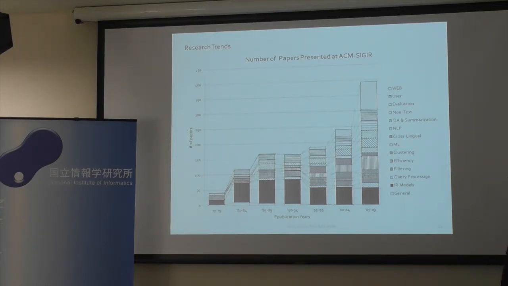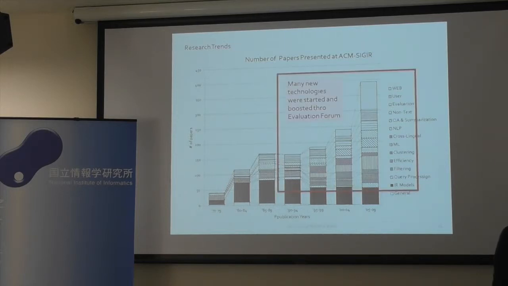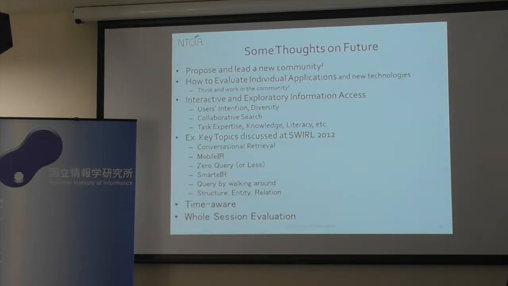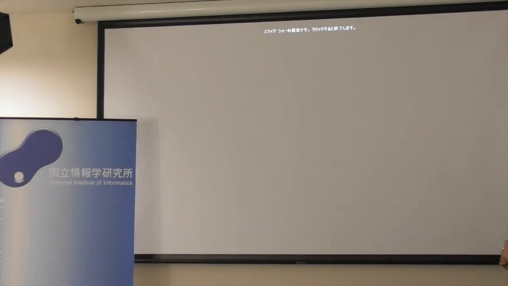Therefore, NTCIR is also one of the venues to boost new research topics. So I hope you will enjoy participating in the tasks and enjoy the research. And if you have a new idea for a research topic, please propose a task and organize a research task to enhance the research scope of information access technology.